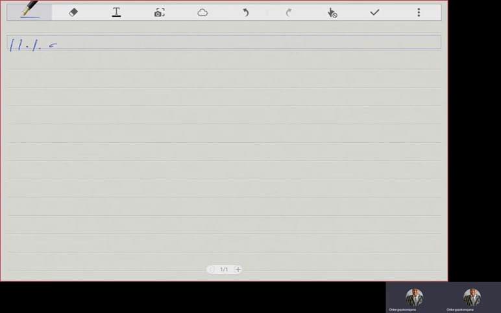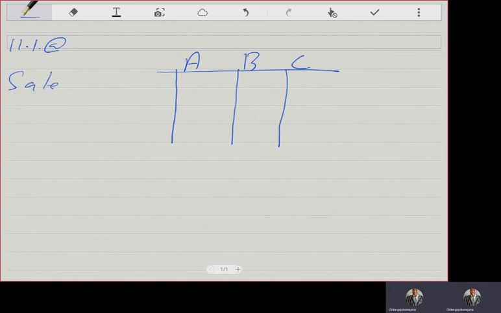So 11.1a. You've got your products A, B, and C. We start looking at our sales units.